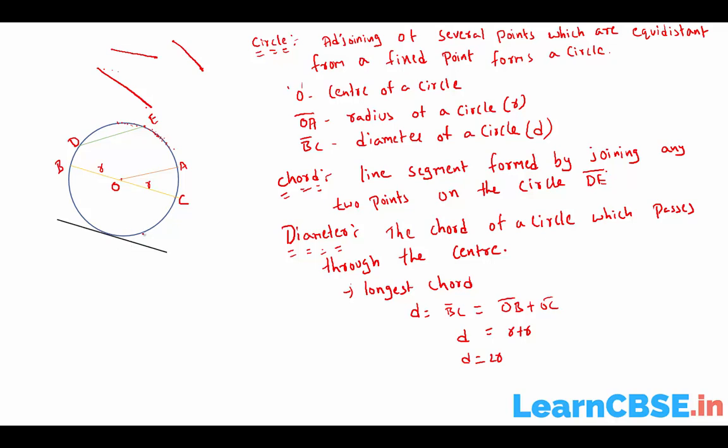Now see tangent. How can we define the tangent? Tangent of a circle: a line that passes through one point on the circle is called a tangent.